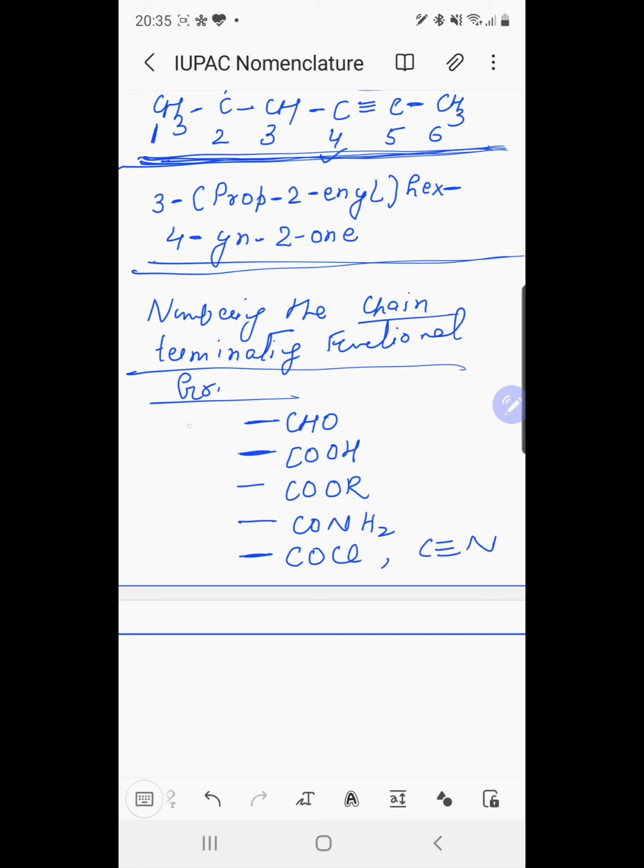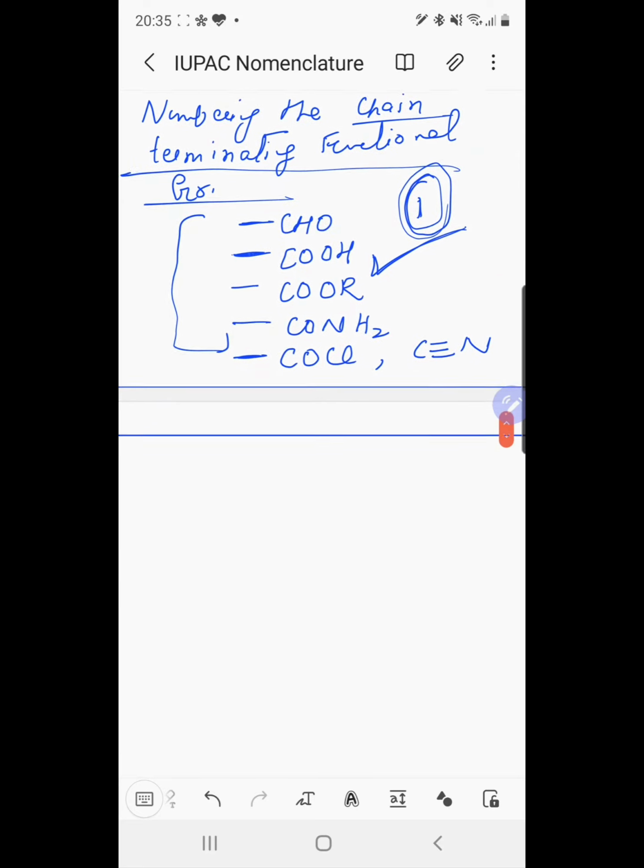These are chain terminating functional groups. They are always given the number 1 position, and in these cases number 1 is usually omitted from the final name. We will not mention number 1 for the presence of these groups.